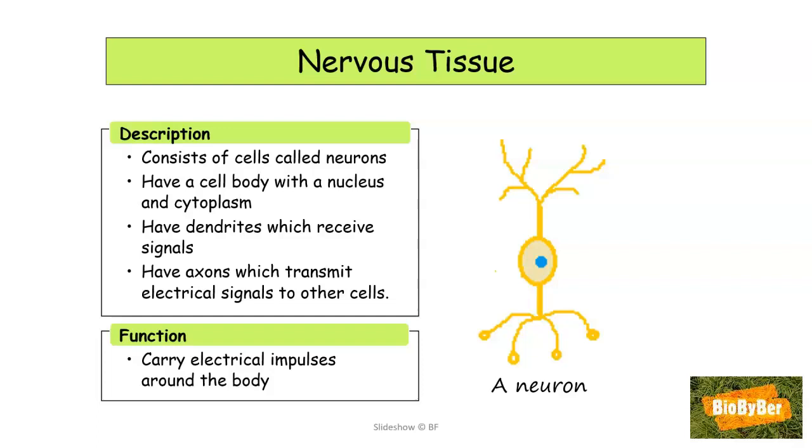Nervous tissue consists of cells called neurons, and each of these neurons has a cell body with a nucleus and cytoplasm. Each of these neurons has dendrites that receive signals and has axons, another type of projection, which will transmit electrical signals to other cells.